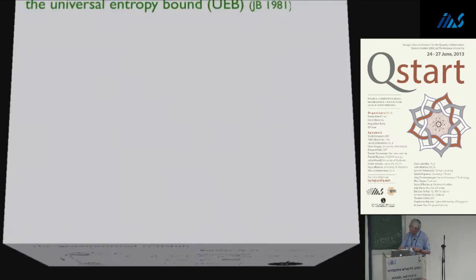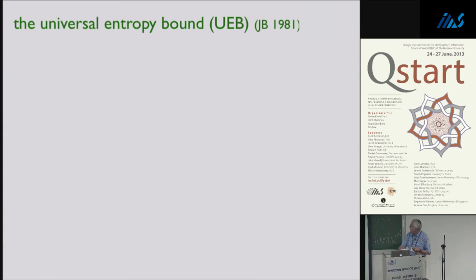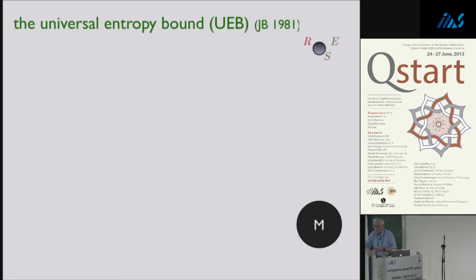So we pass on, and I want to derive now one of the bounds on entropy, which is really a bound on the information capacity of a system, in the following way. You start with a Schwarzschild black hole. You take a system which has some radius r in the form of a sphere for simplicity. It has energy, counting all forms of energy, including mass, and it has some entropy S, for unspecified reasons.